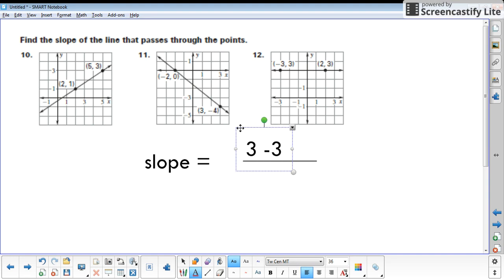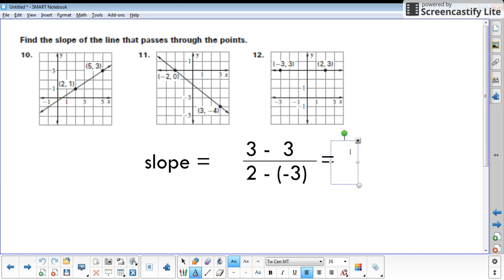So 3 minus 3, over 2 minus 3. Just punch it into your calculator. You don't have to worry about trying to be fancy or about adding the opposite or any of that.